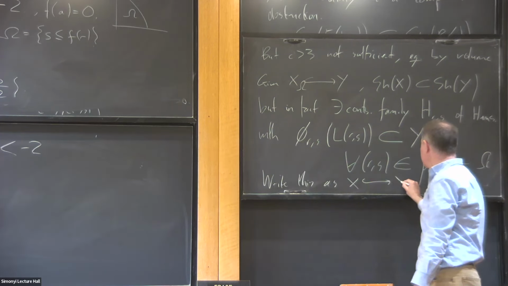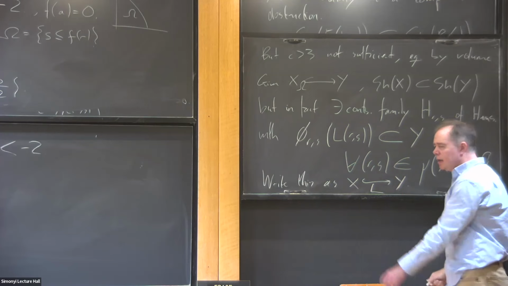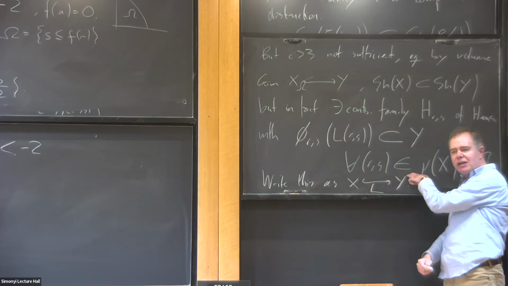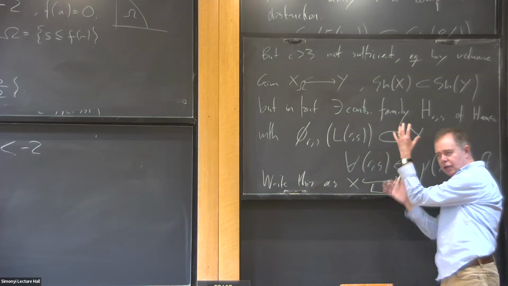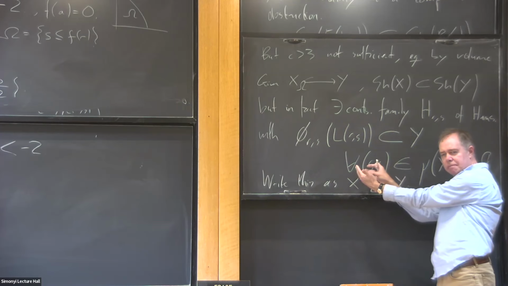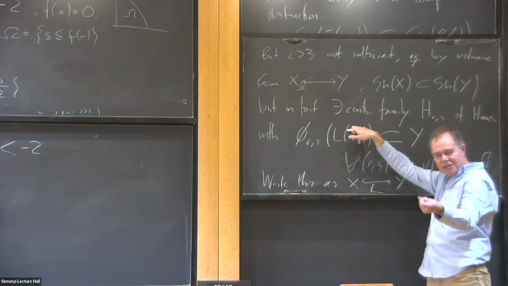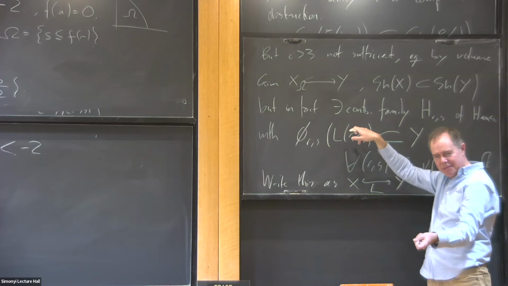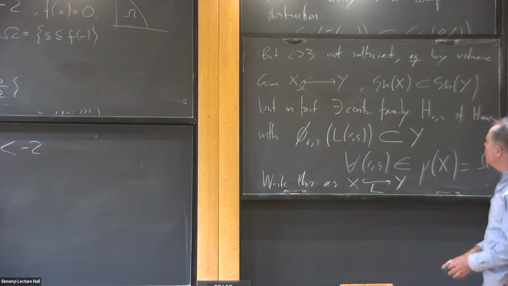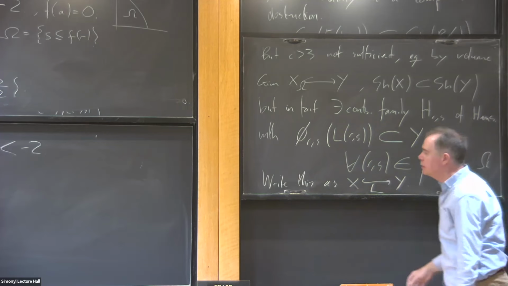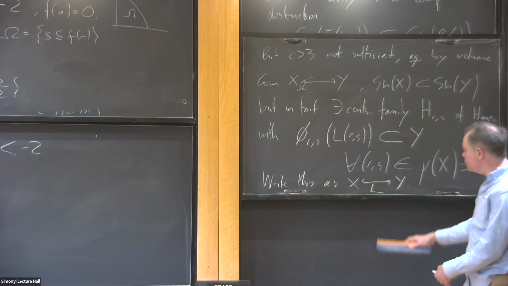So let's write this X, Y, with a little L here. This means I can get a continuous family of Lagrangian embeddings from all Lagrangians contained inside the moment image. It doesn't imply you get a continuous family for all Lagrangians contained inside the shape. But anyway, L is just a notation.